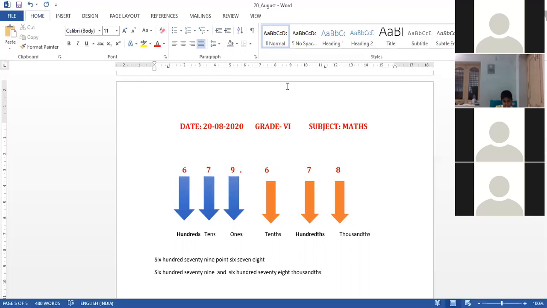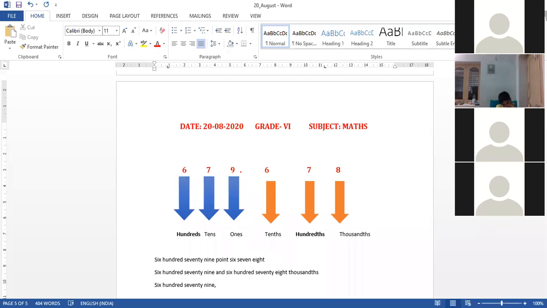What is the third way? One more way is there. Listen carefully, everyone. Third way, directly I can write simply 679. After that, I can write a comma. 6 is present in which place?